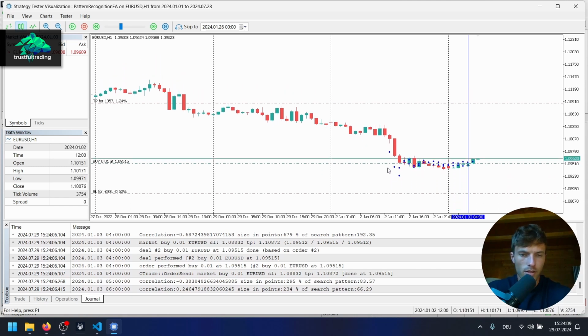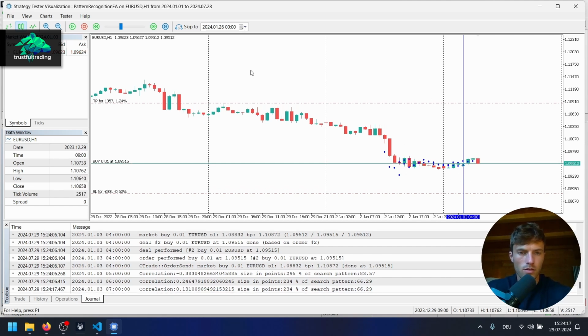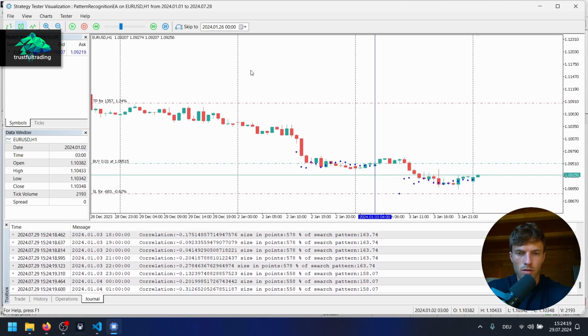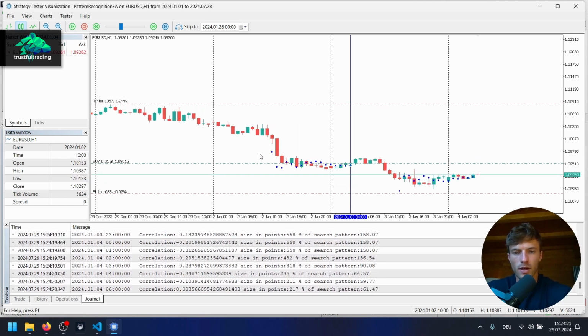For example, we can see the pattern is flipped around. We take a buy order instead of a sell order, of course. That's correct. And we can also see here the pattern is flipped around. So we have the strong down movement, and then we take a buy trade with 200% take profit, 100% stop loss.